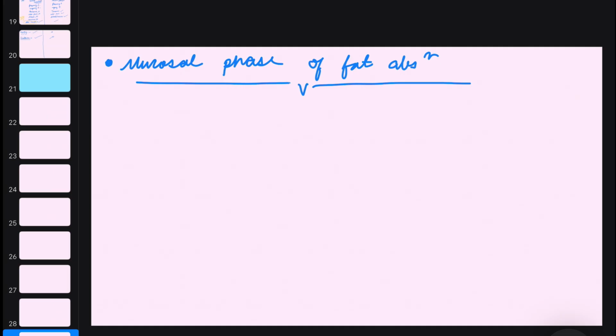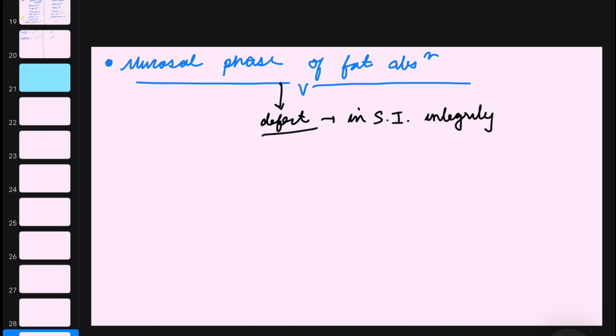As far as the defect of the mucosal phase is concerned, we talked about the defect of the luminal phase in so much detail: bile acid problems, chronic pancreatitis, SIBO, all that. A defect in the mucosal phase of fat absorption means that there is some defect in the small intestinal integrity.